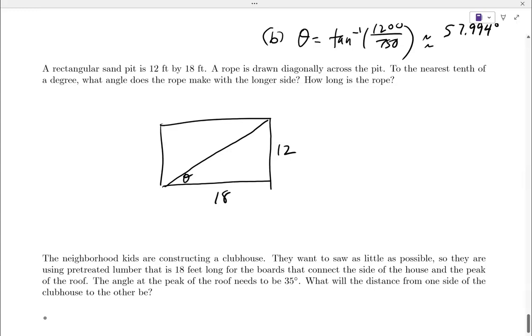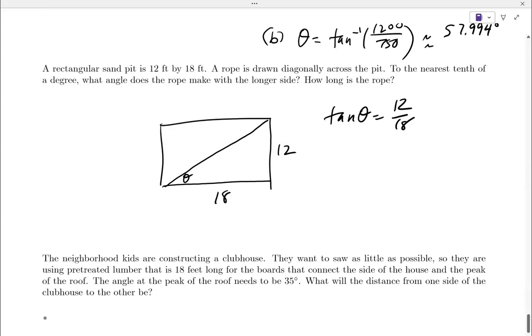So usually I would rather just write it in terms of the trig function that I know and then do what I need to do to get the answer. If I'm looking at theta and I have this 12 and this 18, what trig function is going to relate those sides nicely with theta? Tangent again, right? Tangent of theta is 12 over 18.